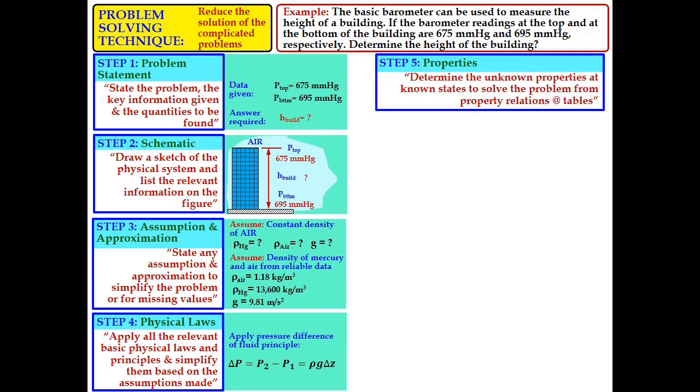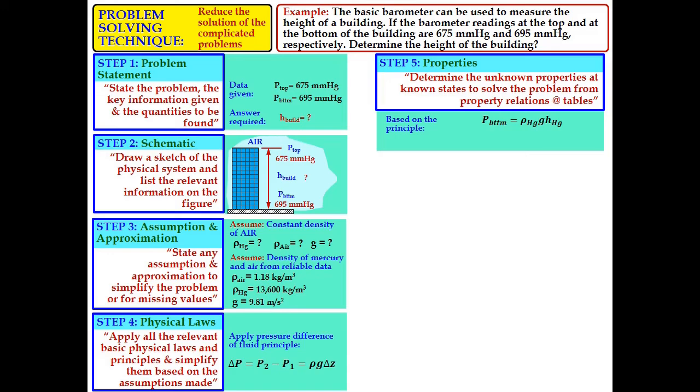Step number 5, in terms of properties, you need to determine the unknown properties at known states to solve the problem, from property relations or tables. Using the data given, you need to determine whatever unknown properties before you calculate the final answer.